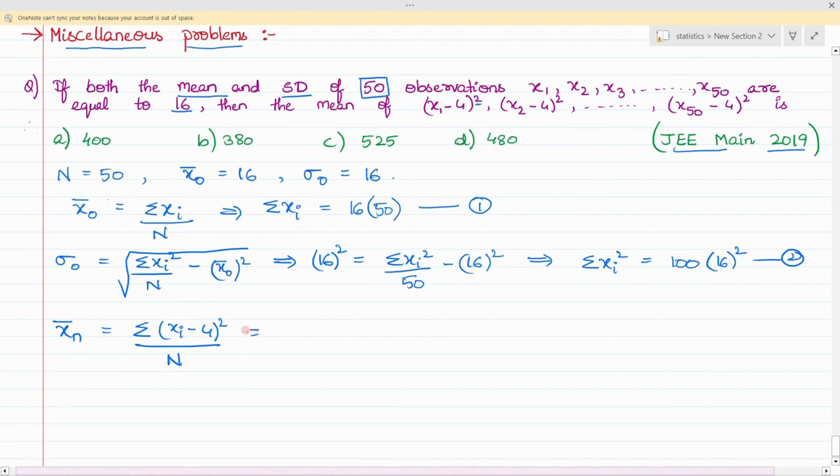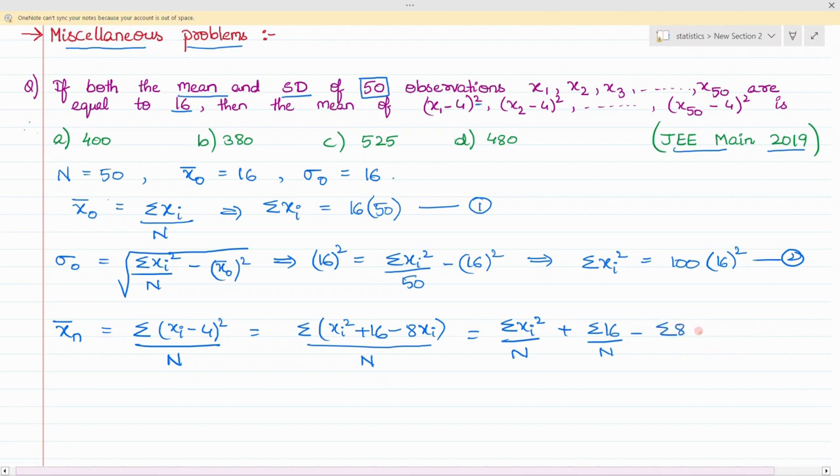Now split this: it becomes sigma xi square plus 16 minus 8xi upon n. Now this can be written as sigma xi square upon n plus sigma 16 upon n minus sigma 8xi upon n. Now we know the values.